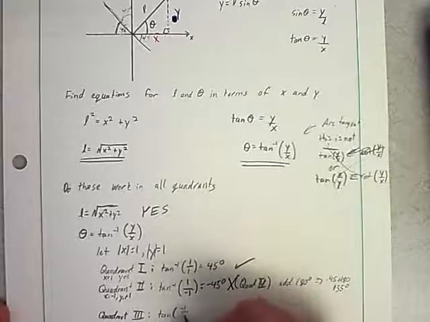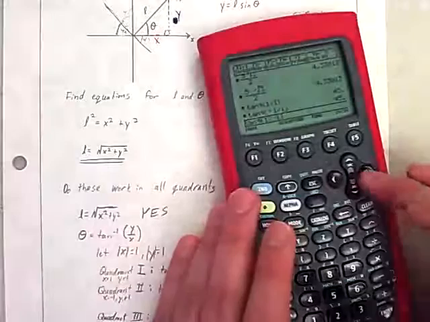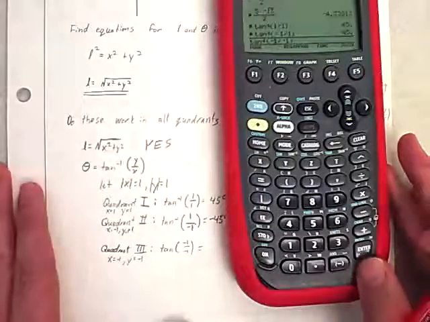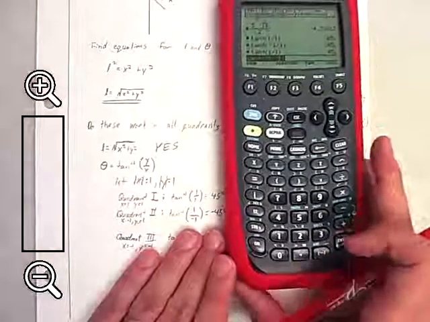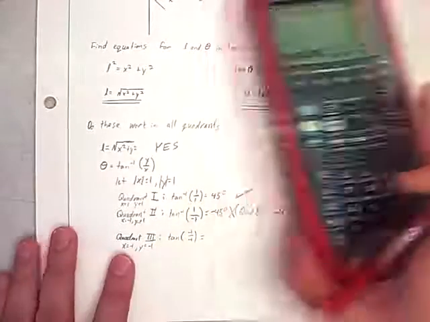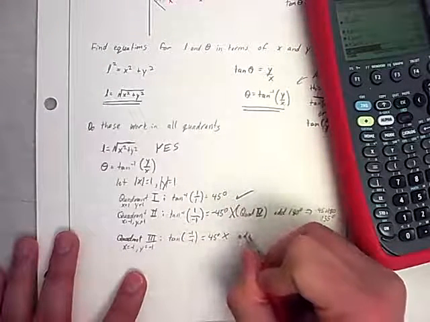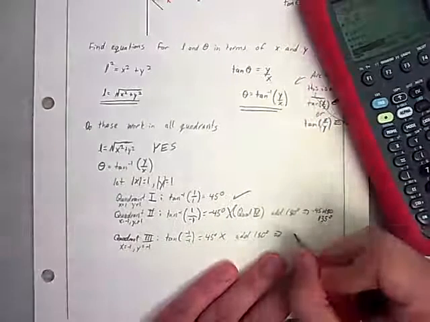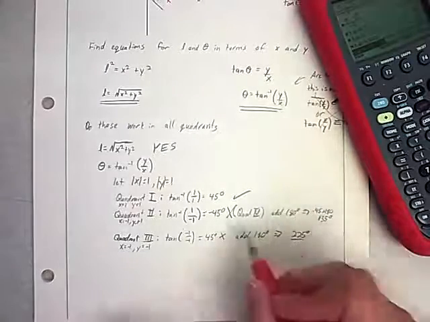So -1 over -1, it's not going to be surprising that when I put that in my calculator, it's going to see that the same way as 1 over 1, and it tells me that it's 45 degrees. So again, add 180 degrees, 225 should be what would give me the correct angle over here.